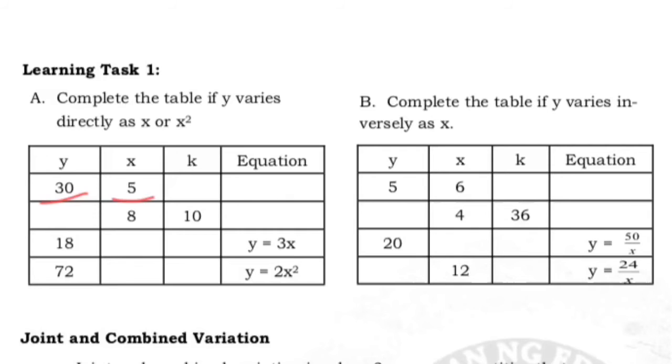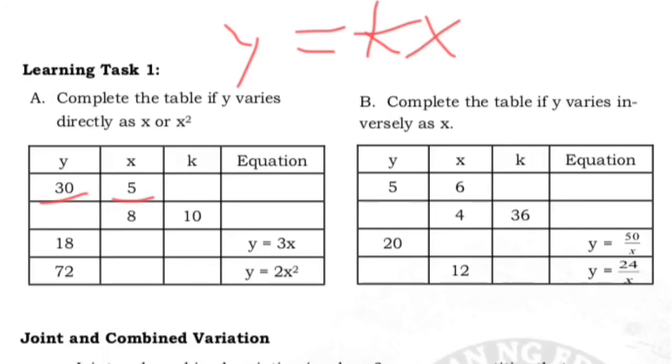Since the constant of variation is y equals k times x, we're going to substitute that one. So y equals k times x.